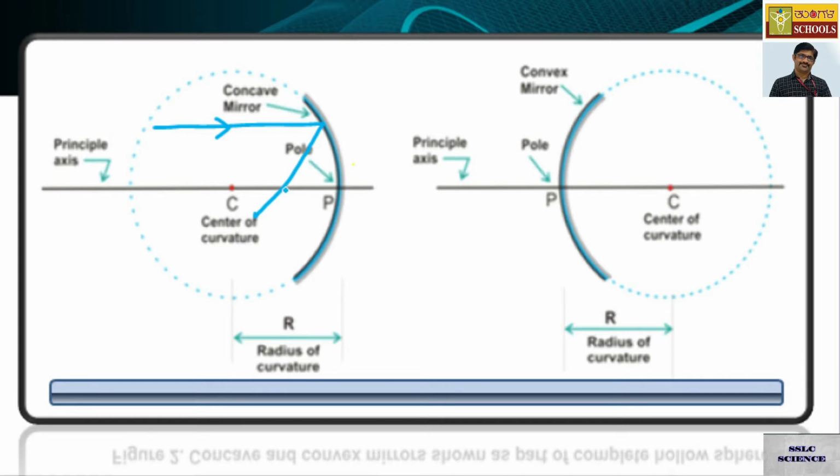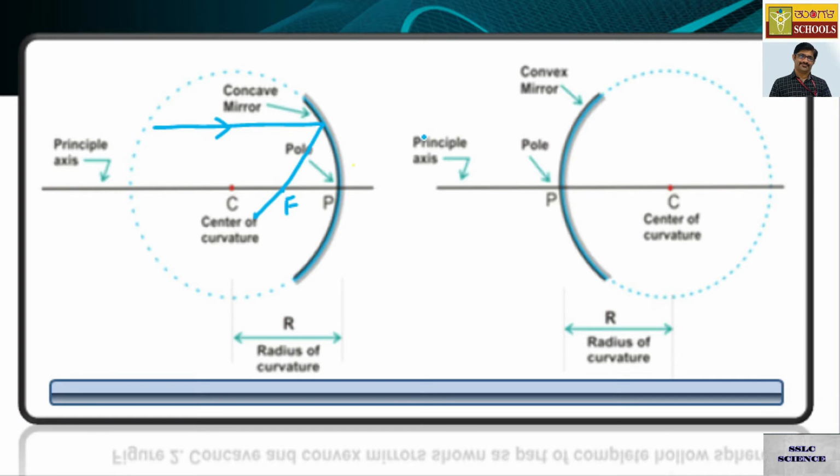That is the principal focus, capital F. It is in case of concave mirror. In a concave mirror, the line which is parallel to the principal axis, after reflection, is going to converge at a point on the principal axis. That is nothing but the principal focus, or you may call it the focal point.